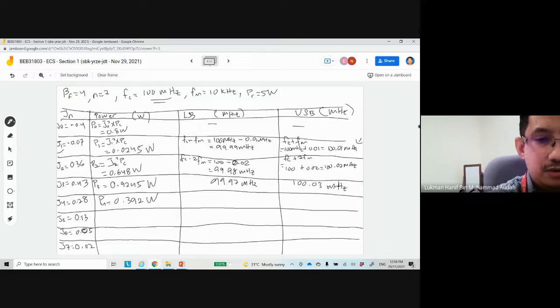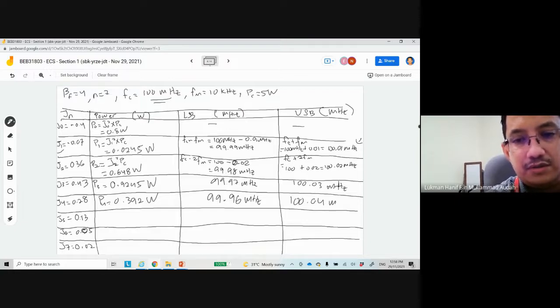Ni boleh cuba. 99.96 megahertz. This is 100.04 megahertz. Here P5 is 0.0845 watt. Here is 99.95 megahertz. Here is 100.05 megahertz.